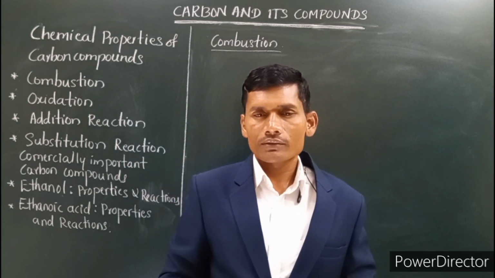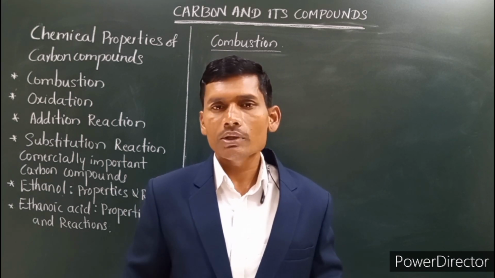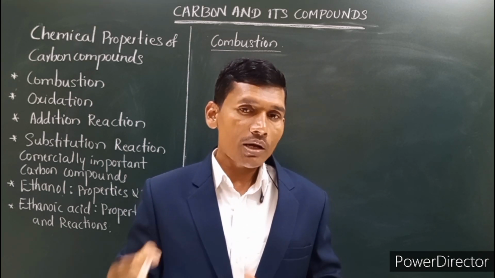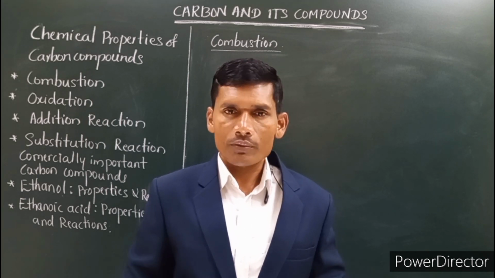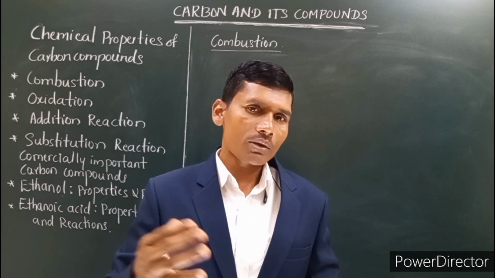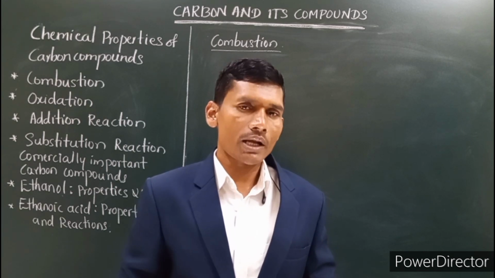In our day-to-day life, we use so many fuels, right? These fuels are nothing but either carbon or carbon compounds. Carbon in all its allotropic forms, when it undergoes combustion, produces carbon dioxide and liberates heat and light.